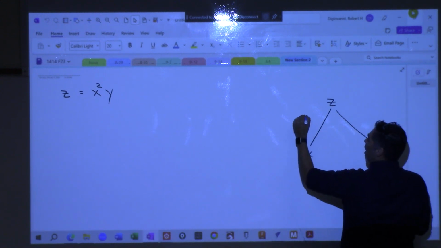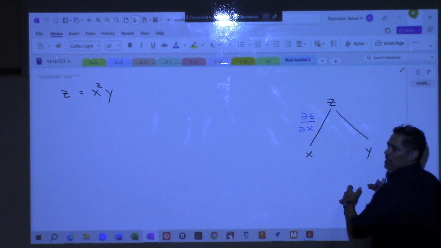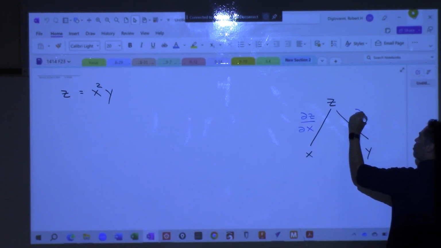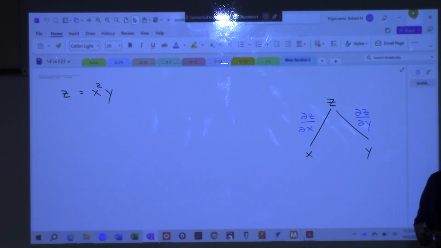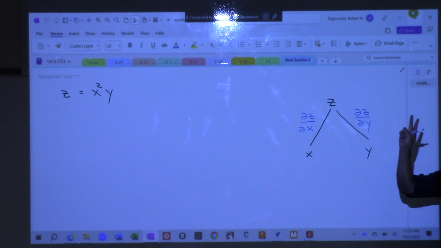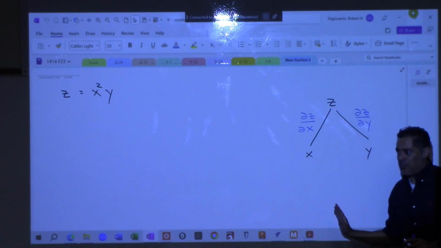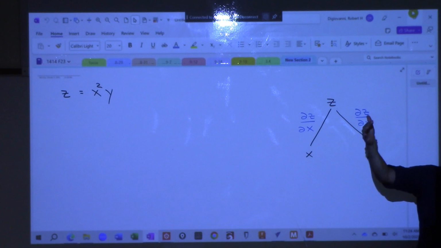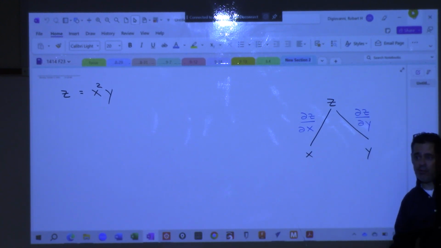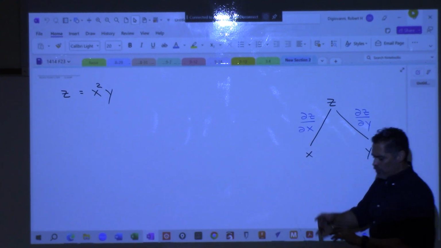So down this branch, I say partial of z with respect to x. And down this branch, I say partial of z with respect to y. And so do y'all see that there are two different derivatives that we could possibly ask for here? Where in the previous examples, because we only had one branch, I could ask for only one derivative. It was d whatever top variable over d whatever the bottom variable was at the bottom of the branch. Here there are two different ones.